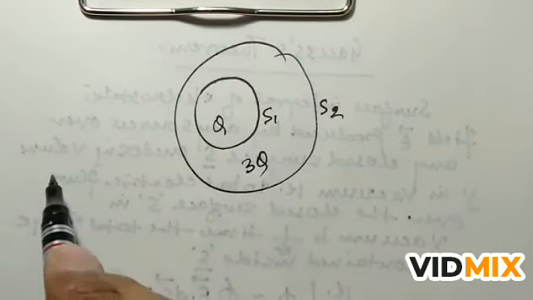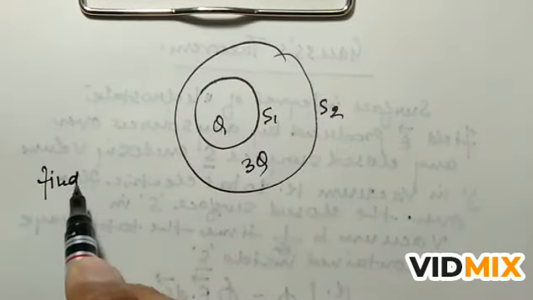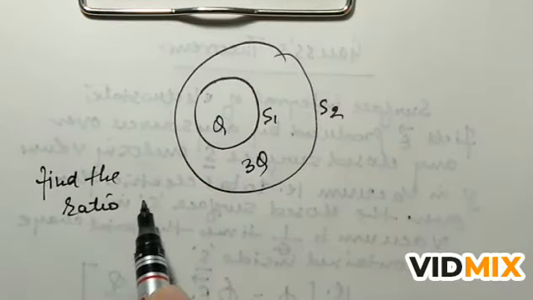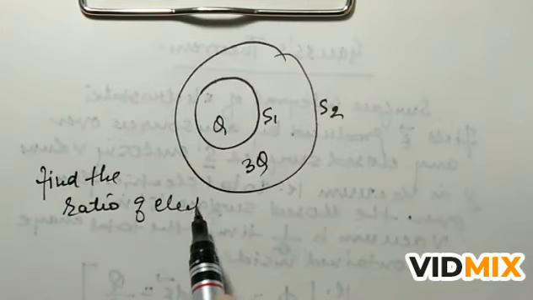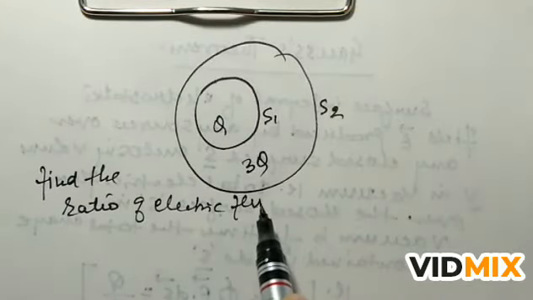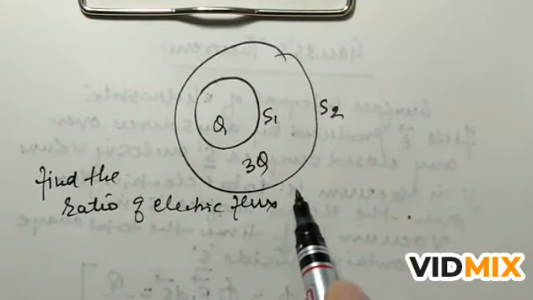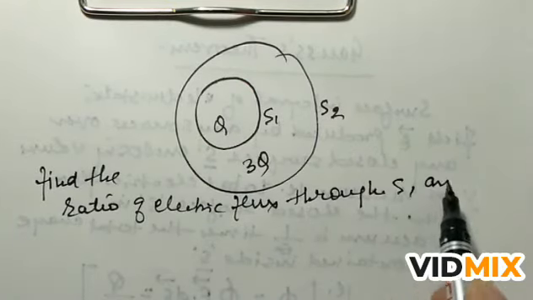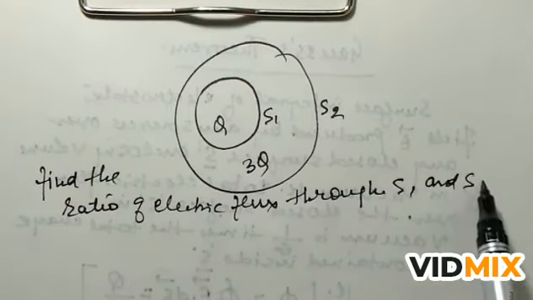Now find the ratio of electric flux through S1 and S2.